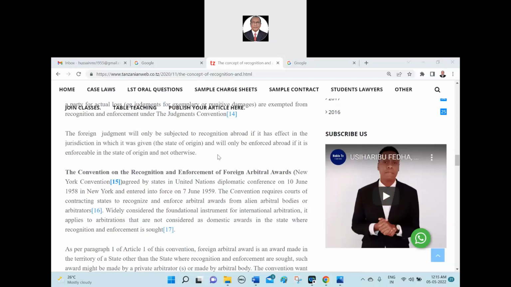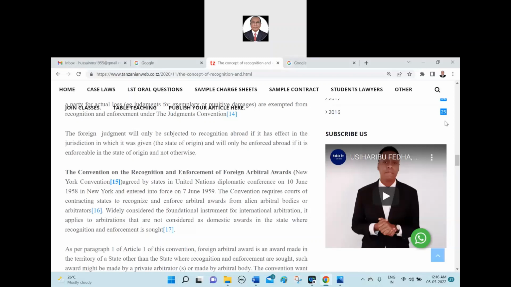So the foreign judgment will only be subject to recognition abroad if it has effect in the jurisdiction in which it was given, the state of origin, and it will only be enforced abroad if it is enforceable in the state of origin and not otherwise. Then the question comes: a member state would be there, number one, and it will be given following all the norms, then only it will be considered in the other country.